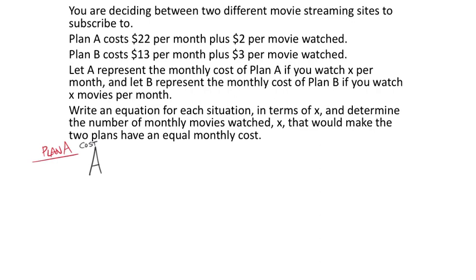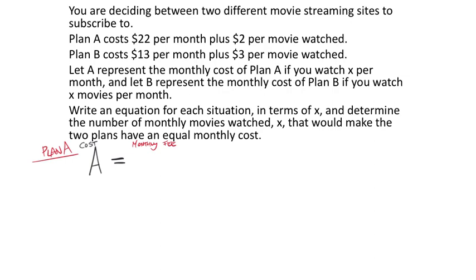Okay, so the cost. What are the costs that we have? Well, you have two costs associated with Plan A. You have kind of like the monthly fee there. And then in addition to the monthly fee, we also have movies that you're going to watch, okay?